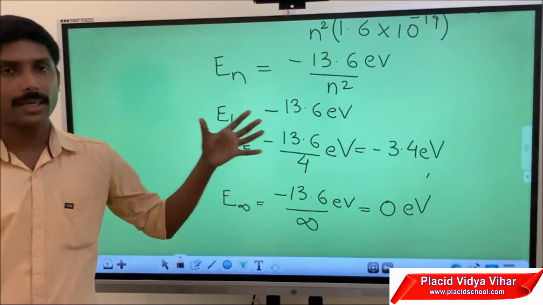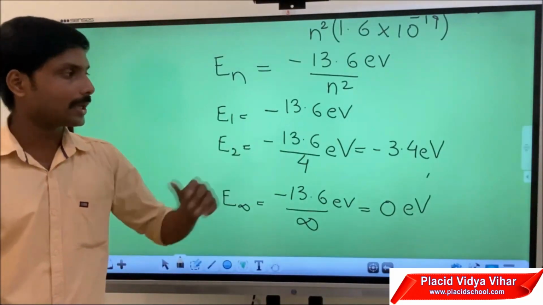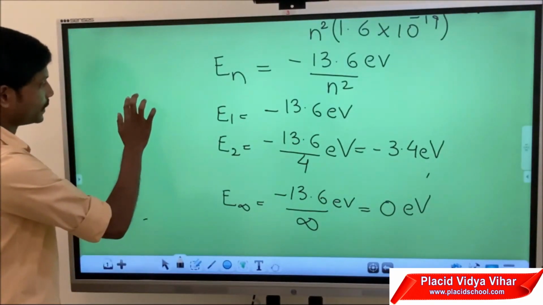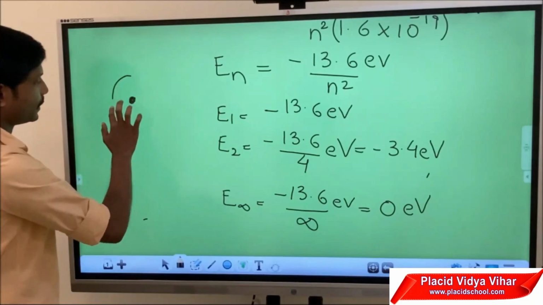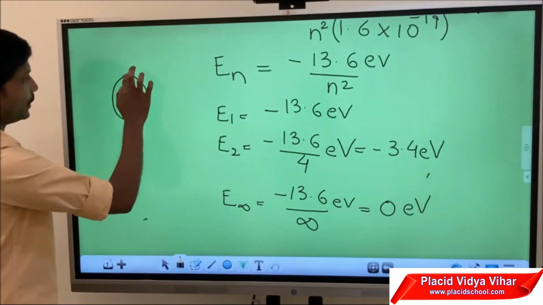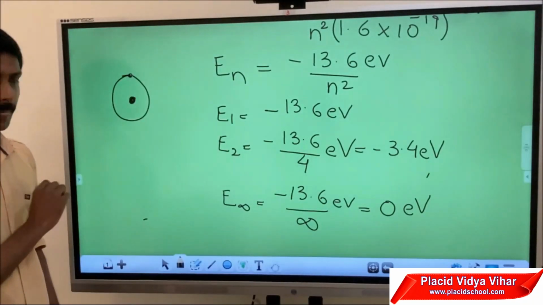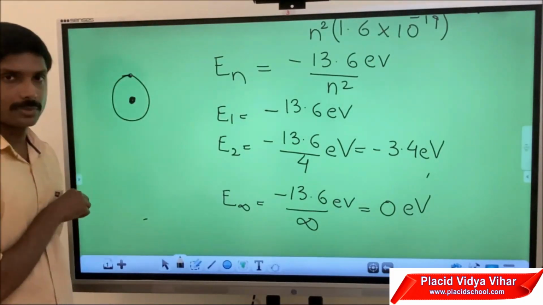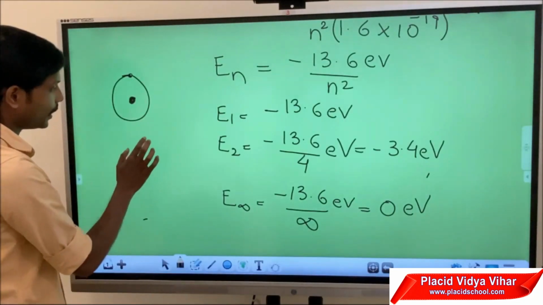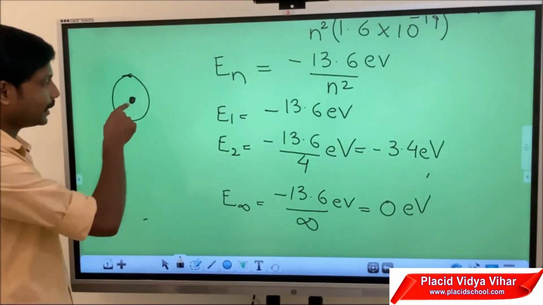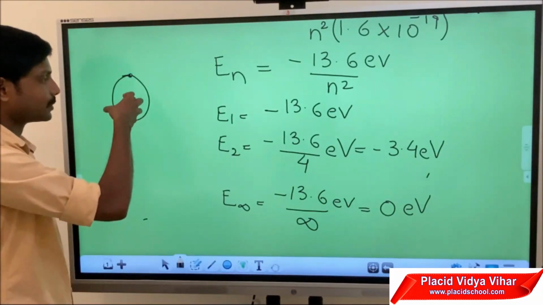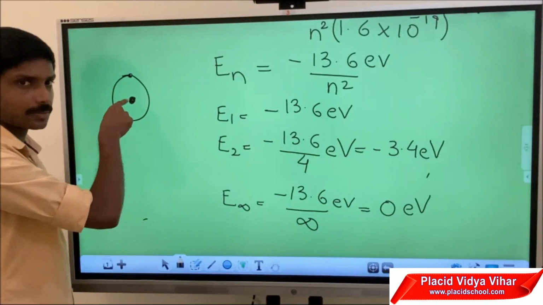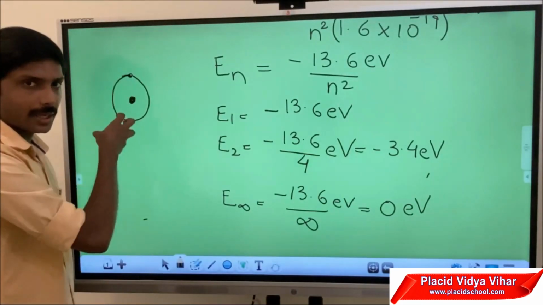As the distance from the center increases, the energy we need to supply to remove an electron is very less. Suppose there is a nucleus and one electron here, and we are going to remove this electron from this atom. After we remove it, we are left with only the nucleus, with no electron. Basically the atom is neutral because of the positive nucleus and the negative electron.